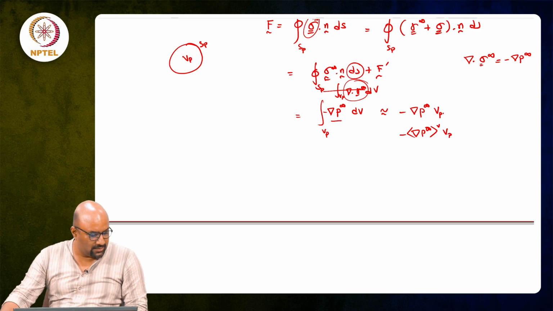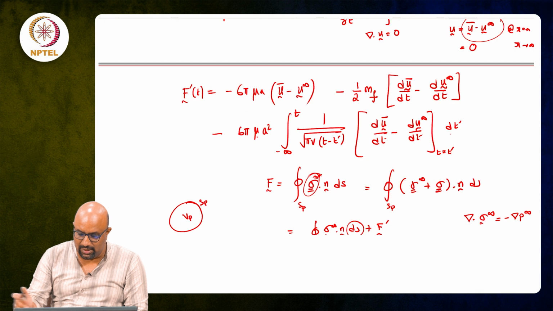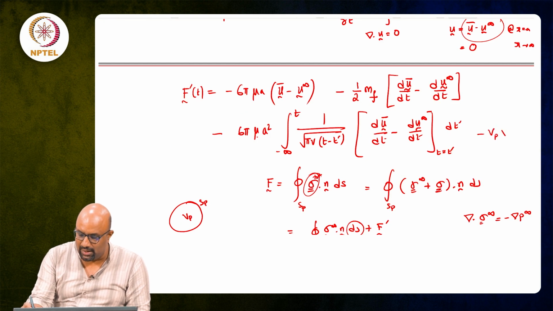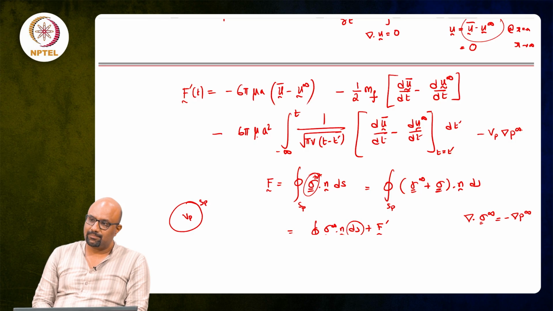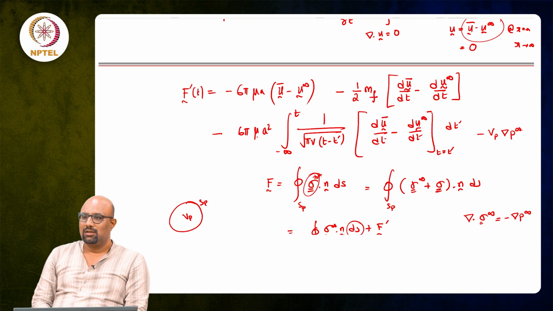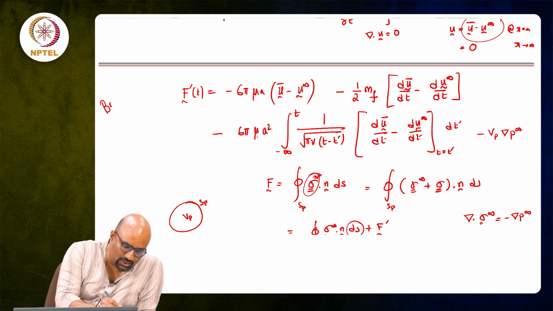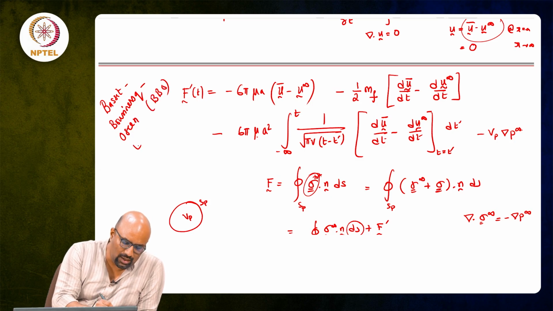So in your expression here you require an additional term, that is this. This came about because you have now said that the background flow is no longer constant in space and time. So, this equation is known as the Basset-Boussinesq-Oseen, in short BBO, equation.